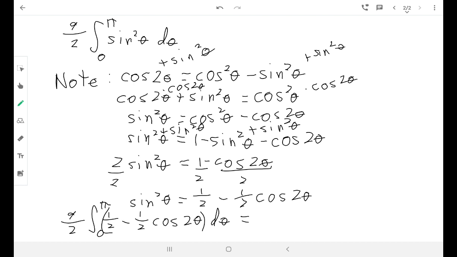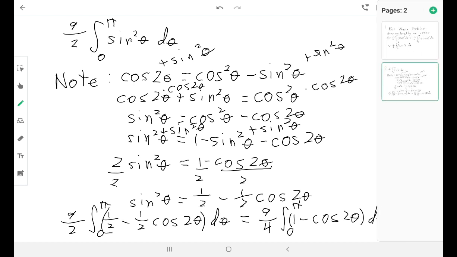And then I could factor the 1/2 out, move it to the front, and multiply it by the 9/2 to get 9/4 times the integral from 0 to pi of 1 minus cosine 2 theta, all that d theta. So that's what we're really trying to solve here, is 9/4 times the integral from 0 to pi of 1 minus cosine 2 theta d theta.